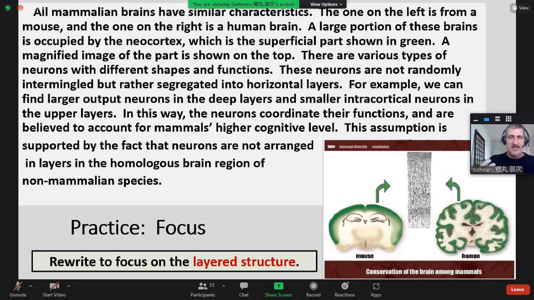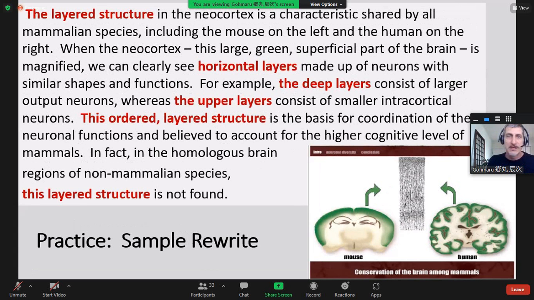And then in the other sentences, I'm going to take neurons out of the strong position and put the layered structure into it. So here is that rewritten version.